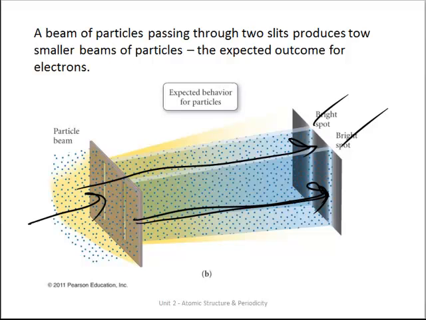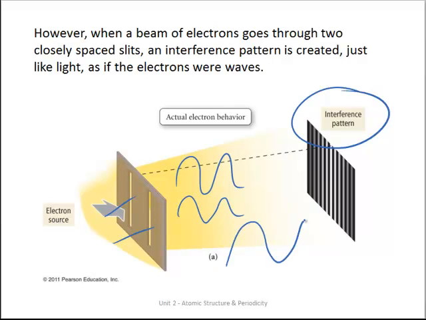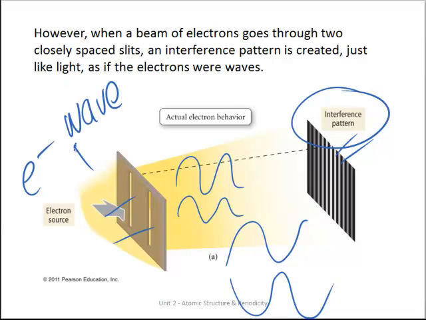It turns out, very surprisingly, that the actual electron behavior caused an interference pattern, meaning that the electrons passing through these two slits underwent both constructive interference and destructive interference to produce bright spots and dark spots, indicating that electrons act as both a wave and as a particle.